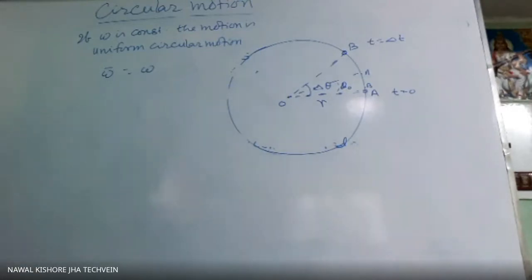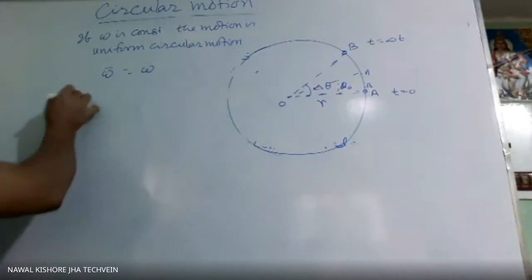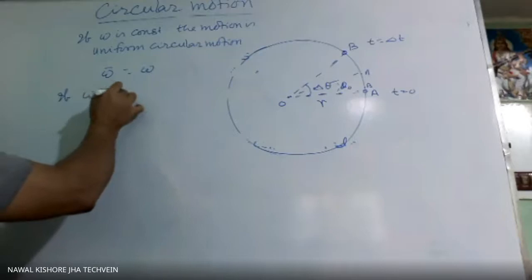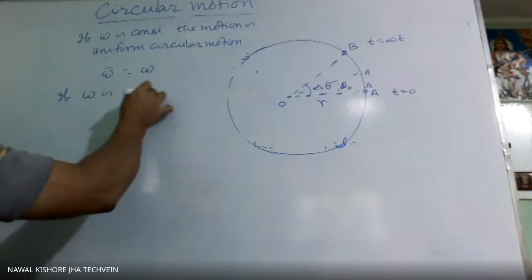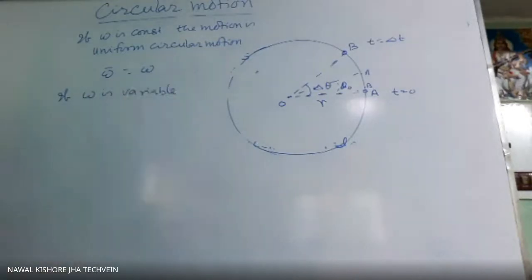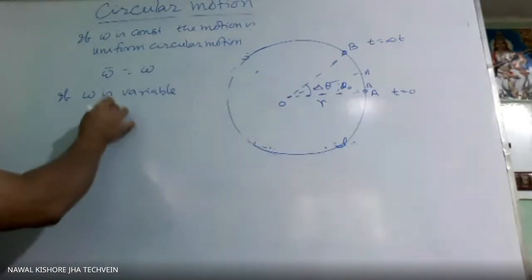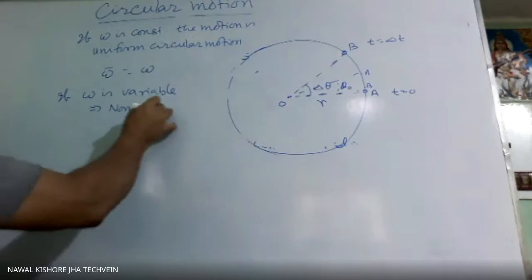Now, if omega varies, if it is either increasing or decreasing, omega changes or is variable, then we call it non-uniform circular motion.